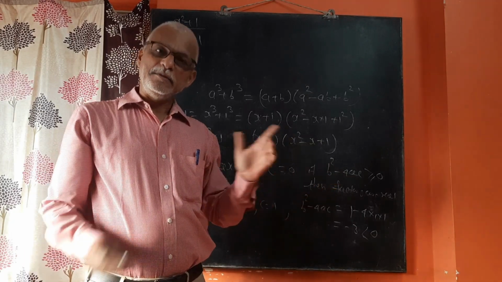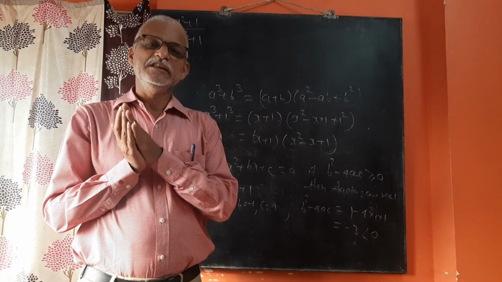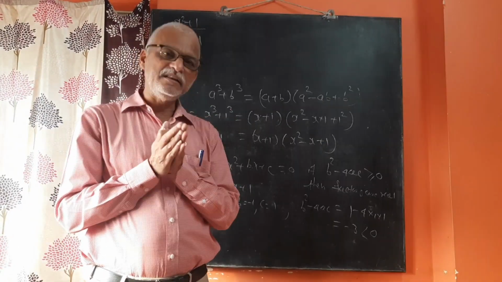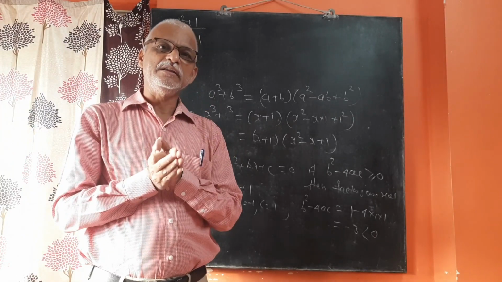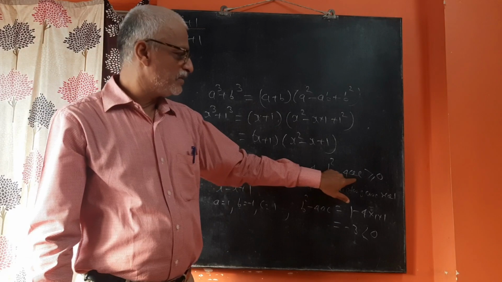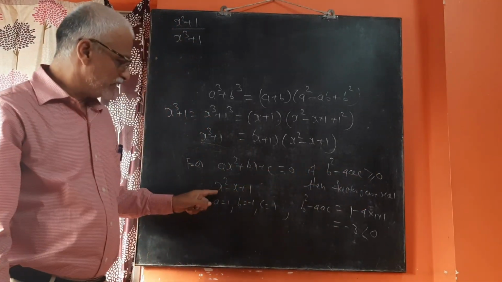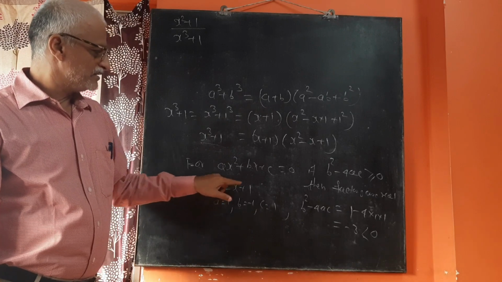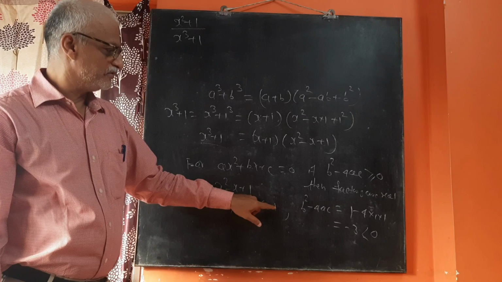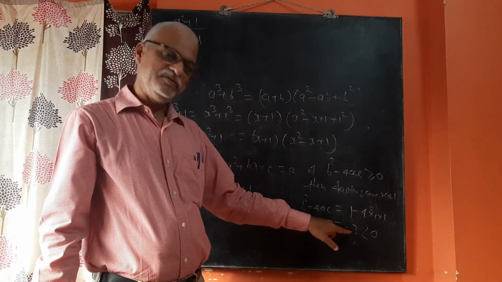So I repeat again, for a quadratic equation ax square plus bx plus c, the factors are real, they may be equal or unequal, if b square minus 4ac is greater than or equal to 0. If we check x square minus x plus 1, a equals 1, b equals minus 1 and c equals 1, so b square minus 4ac is minus 3, which is less than 0.